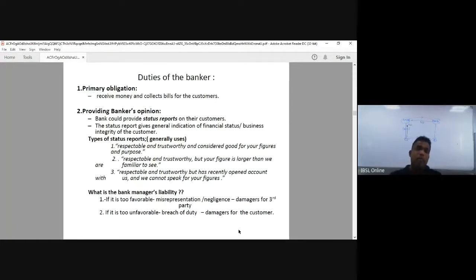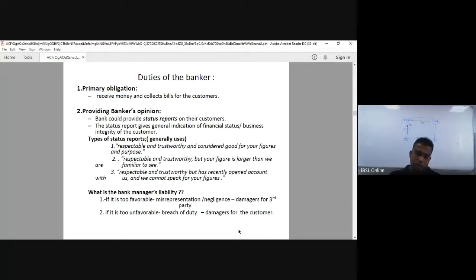And what is the bank manager's liability? What will happen if it is too favorable? Misrepresentation or negligence opinion. That means the HNB bank manager gives a favorable opinion, which is wrong because of misrepresentation or negligence. For example, the customer, Mr. B's business is very small, right?